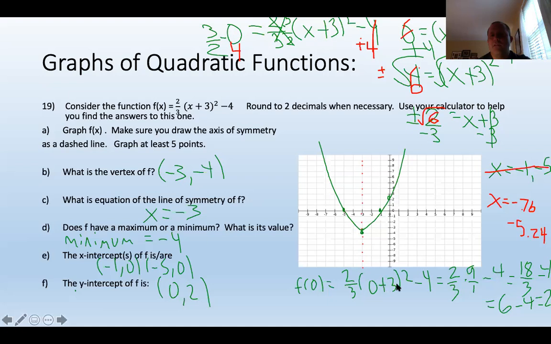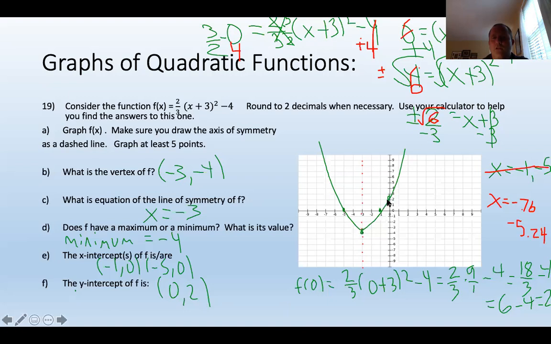Inside the parentheses, 0 plus 3 is 3, and 3 squared is 9, and that multiplies by 2/3, and then you subtract 4. Now 2/3 times 9 over 1 is 18 over 3 minus 4, and 18 divided by 3 is 6, and then finally you have 6 minus 4, and you have 2. So 0, 2 is your y-intercept, and that's right here.